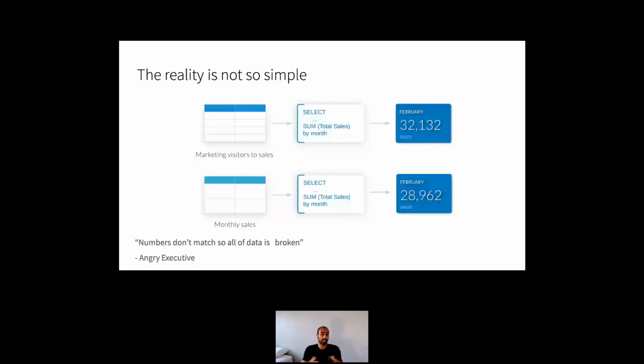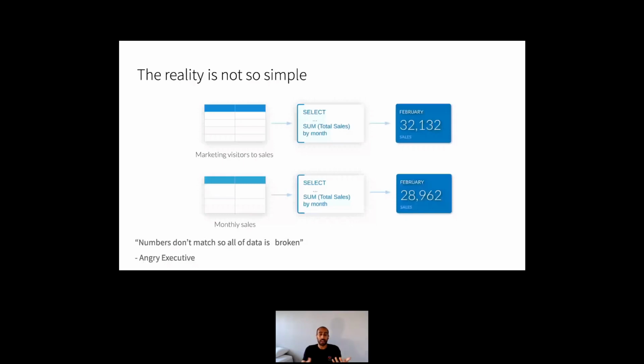If we take two examples, like your monthly sales data and your marketing visitors to sales data, and you just sum the total number of sales by month, the numbers don't add up, and that leads to a lot of cascading problems. I'm sure you've experienced the angry executive saying, hey, numbers don't match, and starts yelling at you. And that could be for many, many reasons.